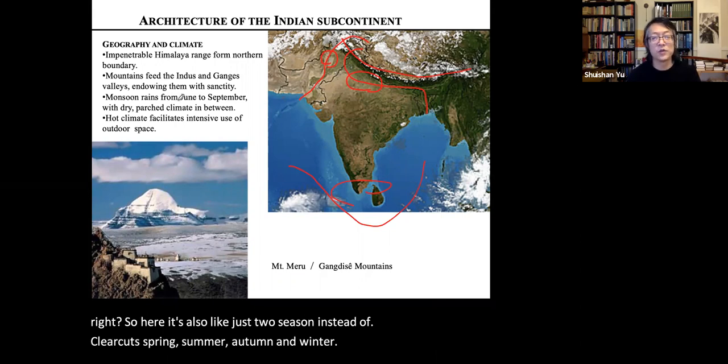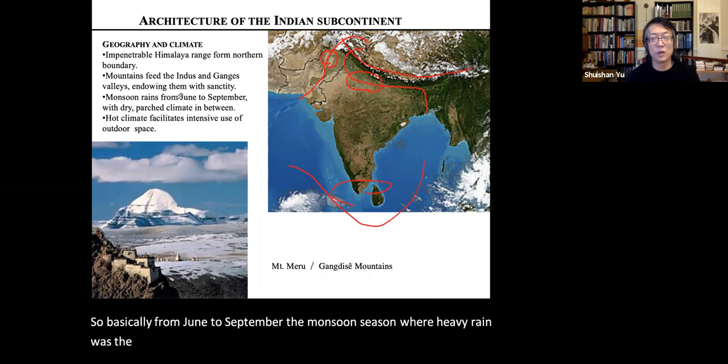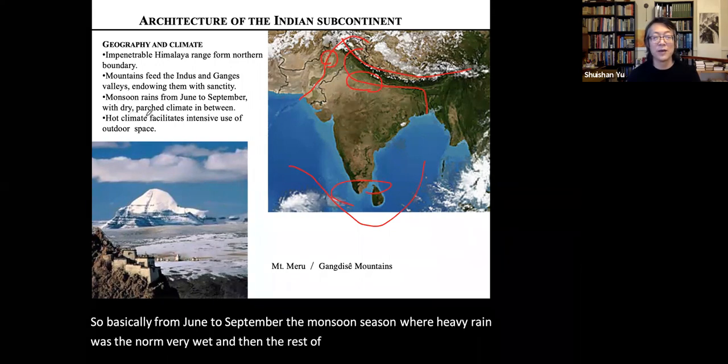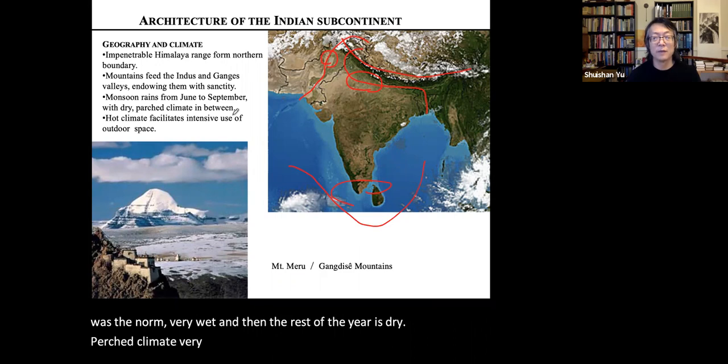So basically, from June to September, the monsoon season, where heavy rain was the norm, very wet. And then the rest of the year is dry, parched climate, very strong sunshine. So that hot climate facilitate intensive use of outdoor spaces.